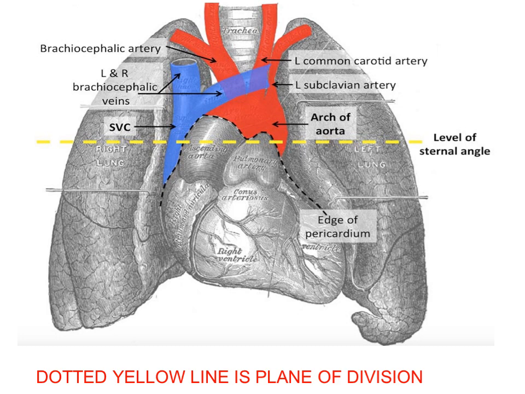So all these structures above this yellow dotted line are the contents of the superior mediastinum.